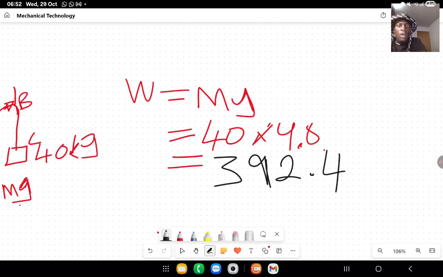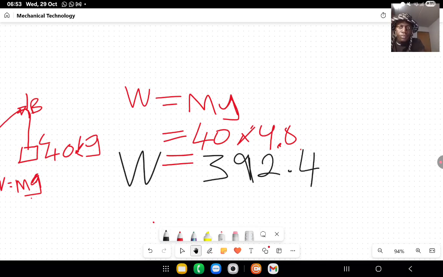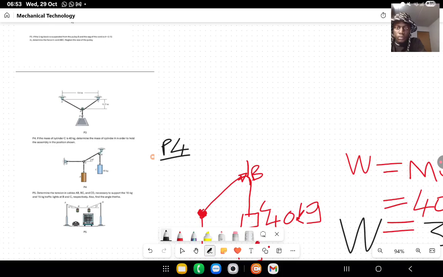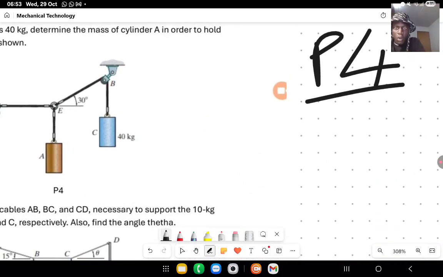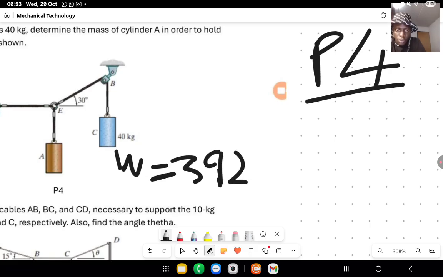This is our answer for the weight at block C. Here our weight is 392.4.